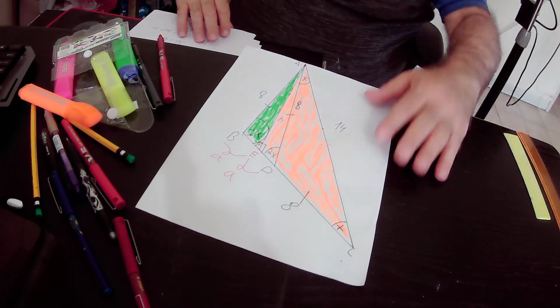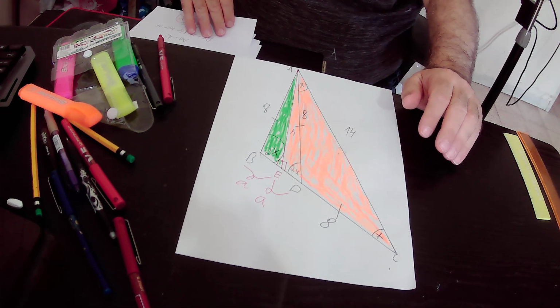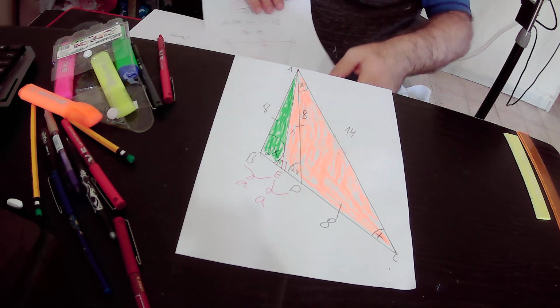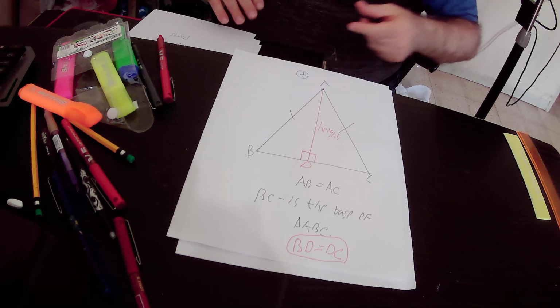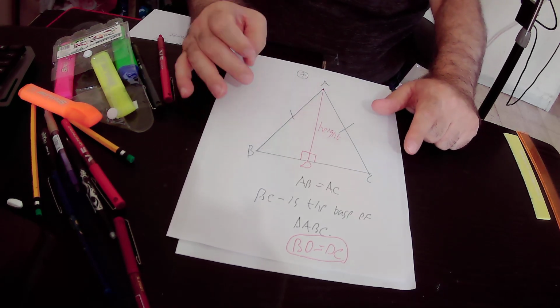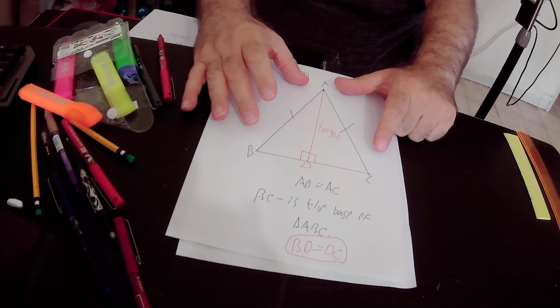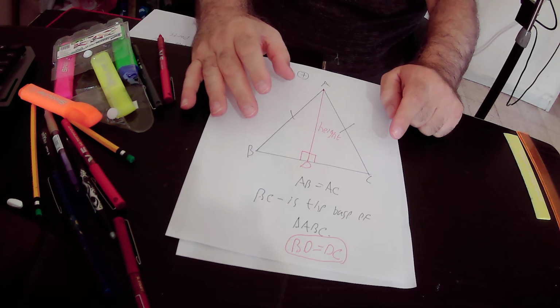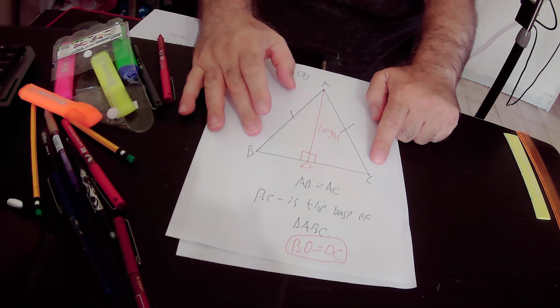I presented to you also rule number 3, that relates to the isosceles triangle. First of all, in an isosceles triangle, we have two sides that are equal to each other. So if triangle ABC is an isosceles triangle, then AB equals AC, and the base of triangle ABC is BC.